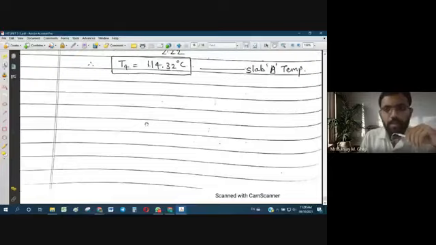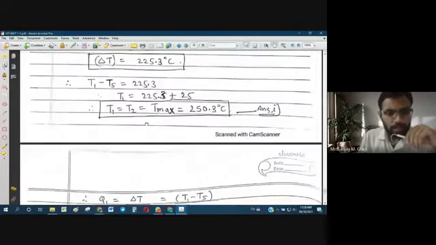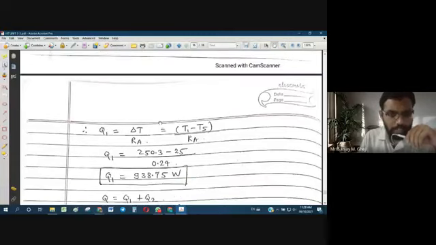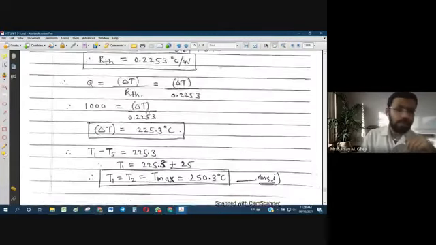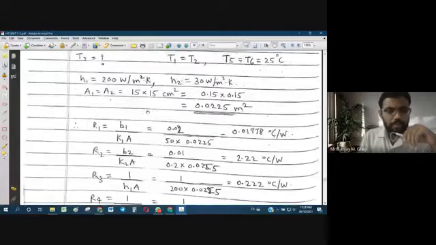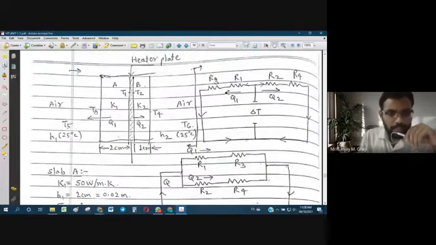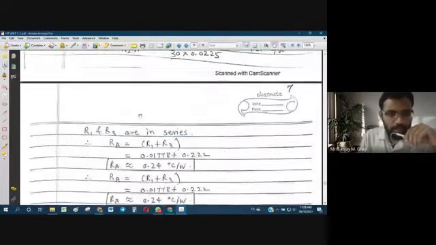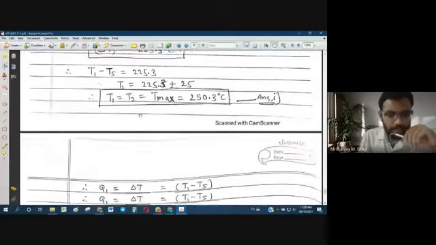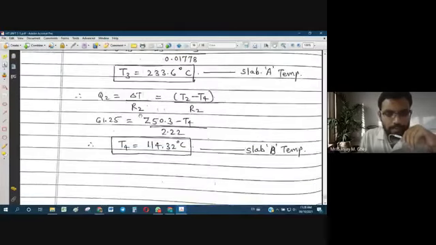Now we have found out the maximum temperature. The next part is we have to find out surface temperatures on both sides, that is T3 and T4. Both will be different because of their different thermal resistances on either side.